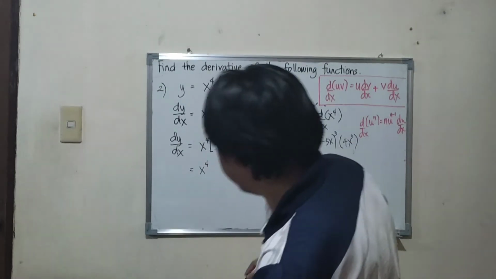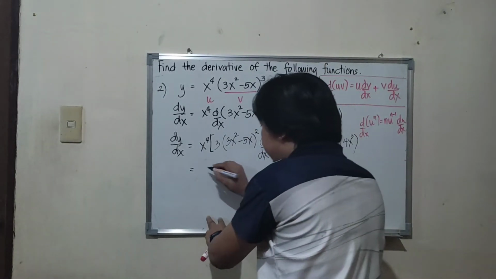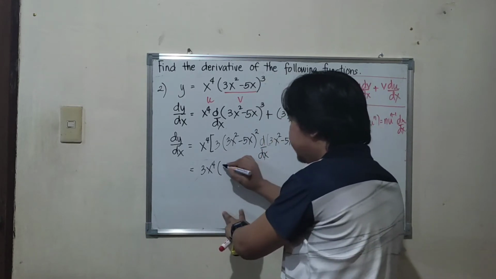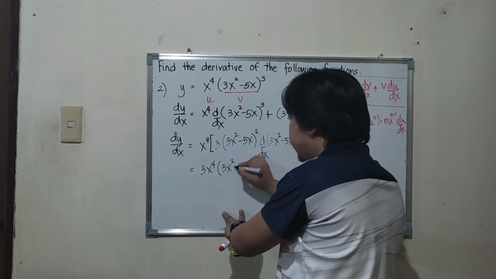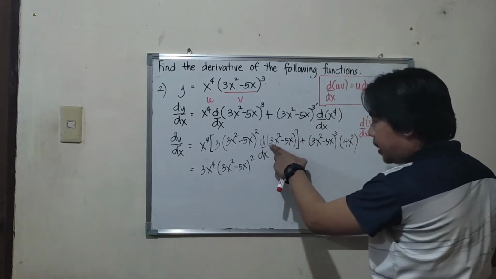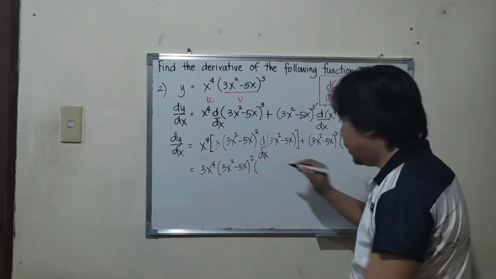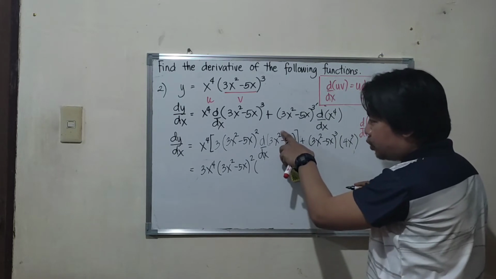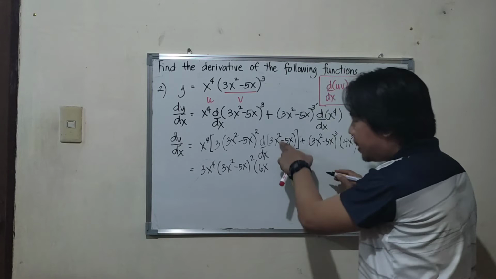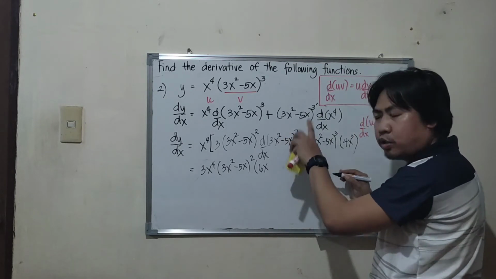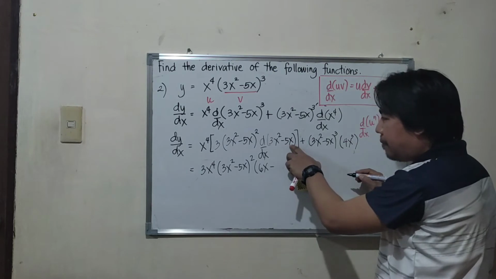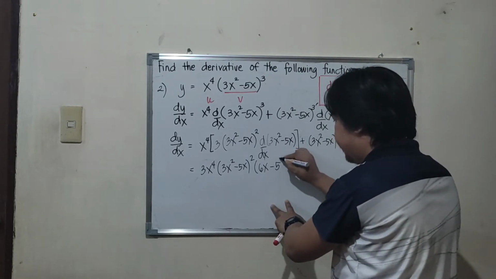So that is equal to 3x to the fourth times this term, 3x squared minus 5x squared times derivative of 3x squared. Derivative of 3x squared, that is equal to 2 times 3, so that is 6x, then subtract 1, 2 minus 1, so that is 1. So 6x na lang. Minus derivative of 5x is 5.